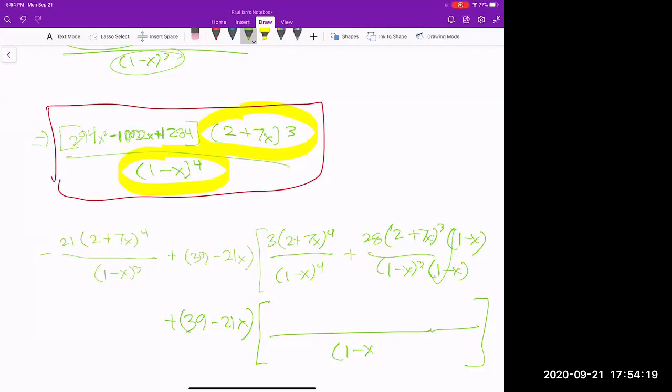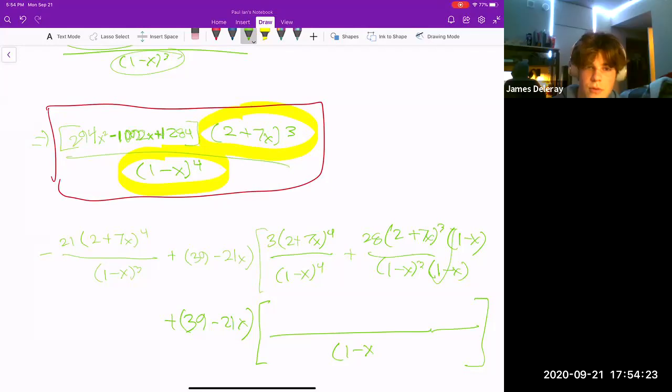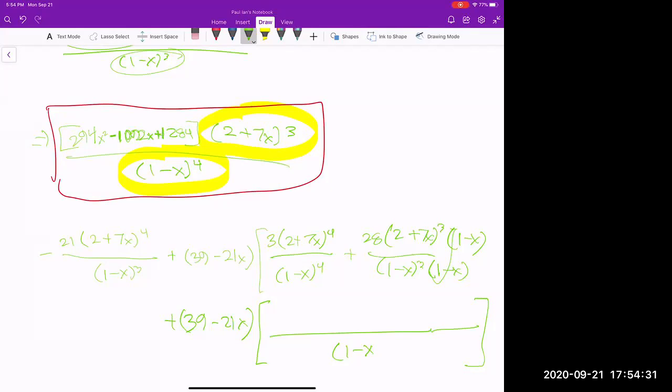Oh yeah, so you had 1 minus x to the 6, because of quotient rule. That's what they did, and okay, that one plus that one.